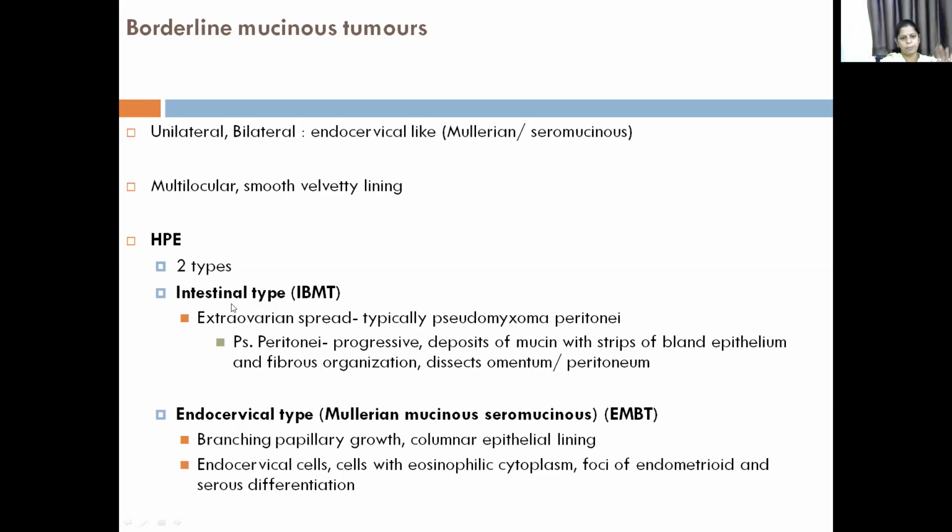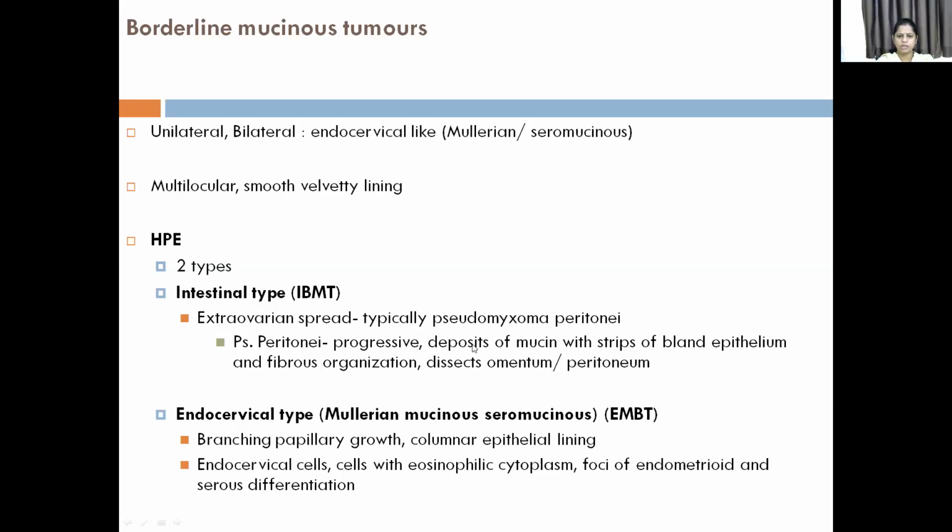So two types: just remember, intestinal type of epithelium and endocervical type of epithelium. The intestinal type usually is from extra-ovarian spread, as I've told you. I will discuss the pseudomyxoma peritonei.